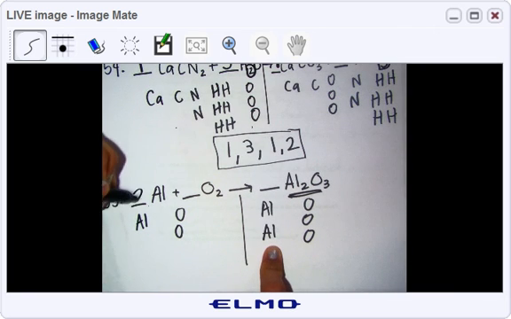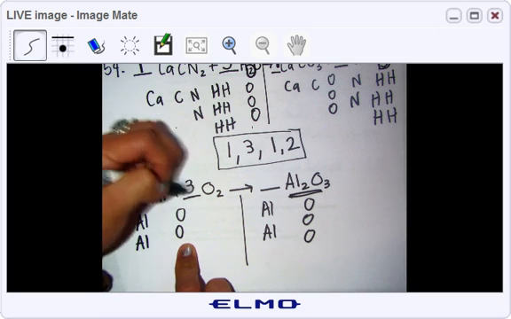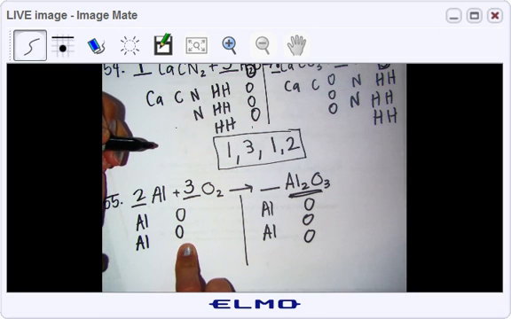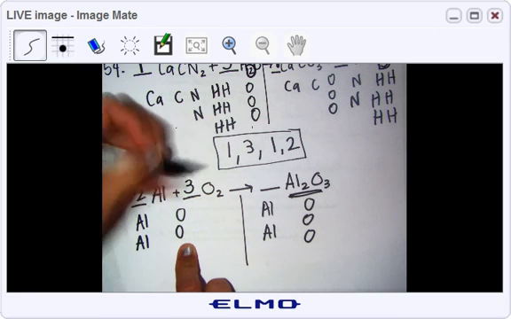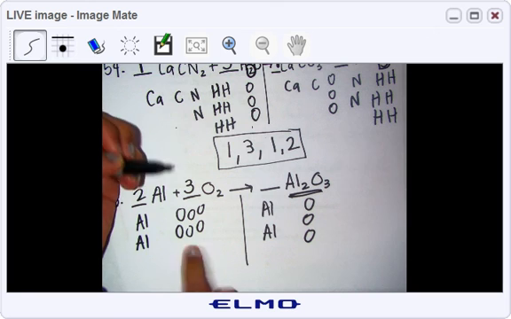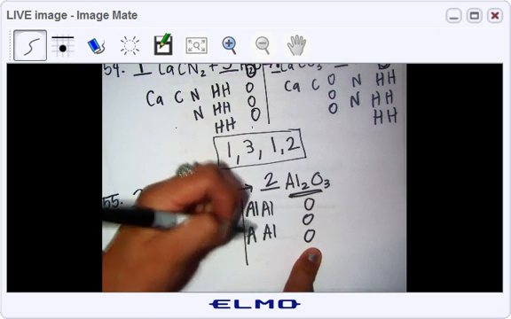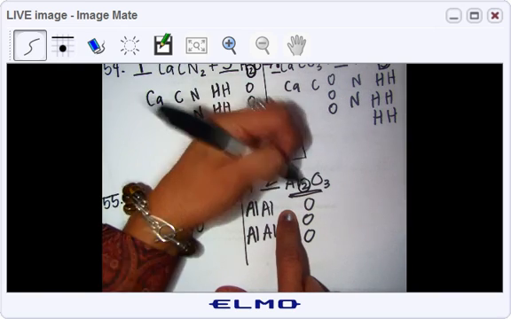Okay, put a 2 there. Down. I have 3 here. Oxygens. 6 oxygens, so I have to put a 2 here. That 2 gives me 4 aluminums.